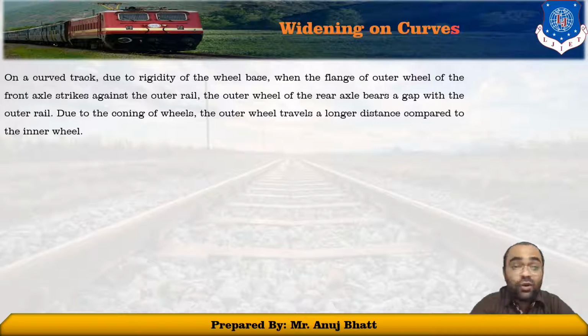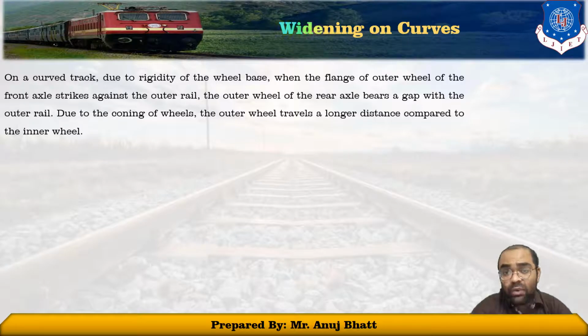Due to the coning of wheels, the outer wheel travels a longer distance compared to the inner wheel. However, this becomes impossible for the vehicle as a whole system, since the rigidity of the wheelbase causes the trailing axle to occupy a different position.